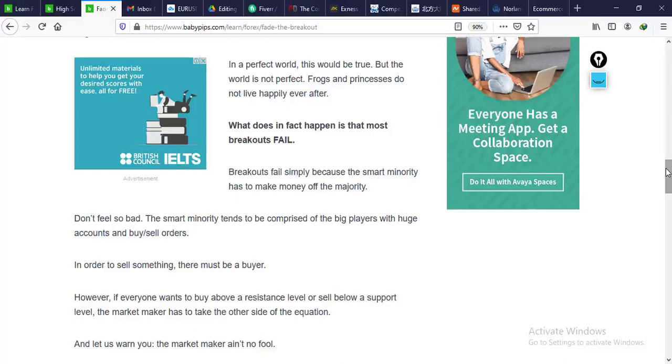Nothing is certain. So what does that mean? Breakouts fail simply because the smart minority has to make money off the majority. Don't feel sad about this, that's what happens. The smart minority comprises the big players with huge accounts, and they buy and sell huge orders as well. So in order to sell something, there must be a buyer.